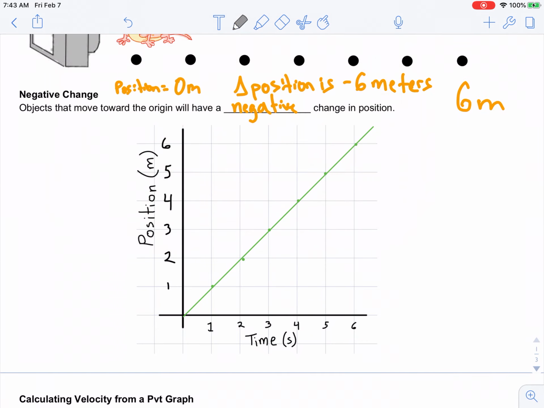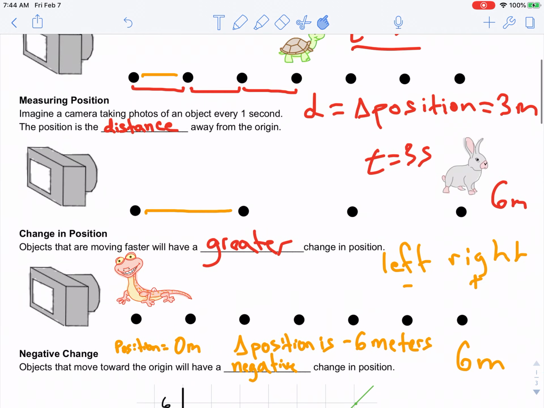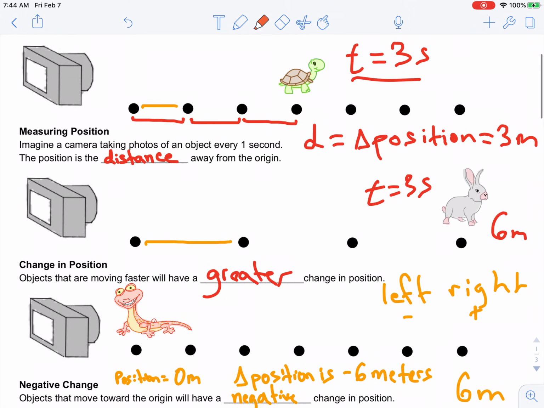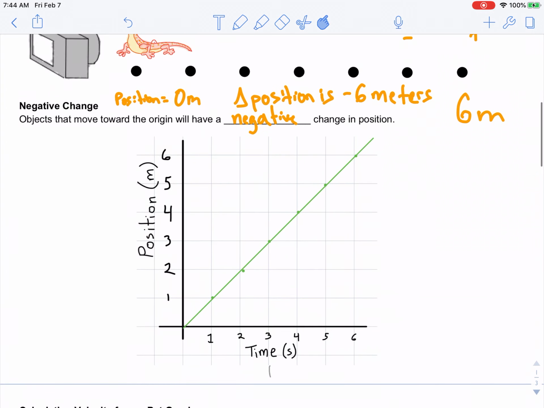He was gray. At 3 seconds, remember, he was at 6 meters. Let's check again. Yep, at 3 seconds, he was at 6 meters. I did the over and up method.